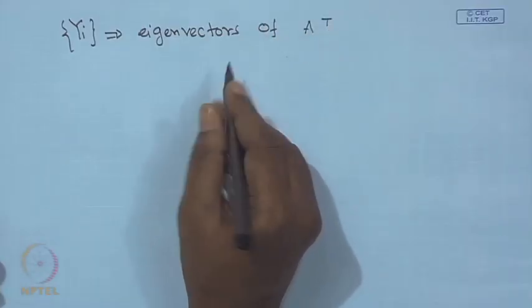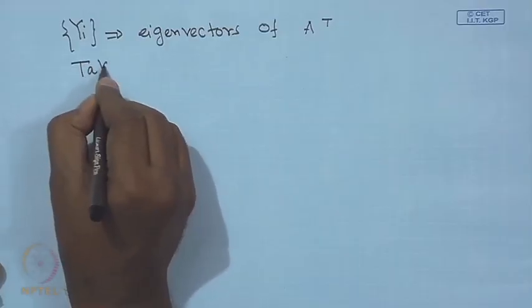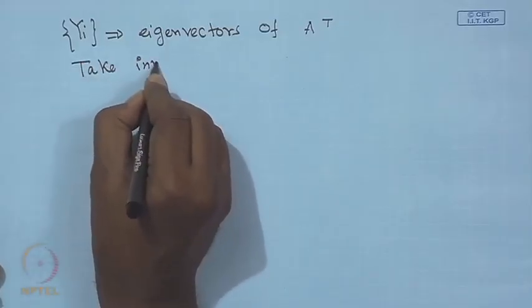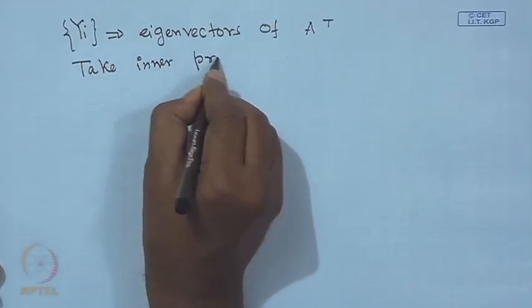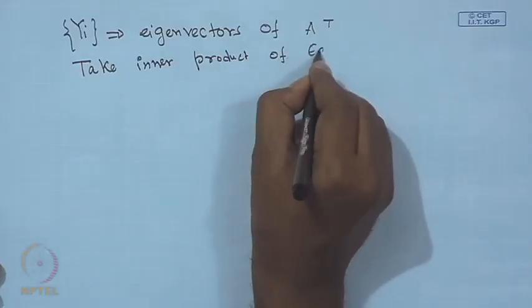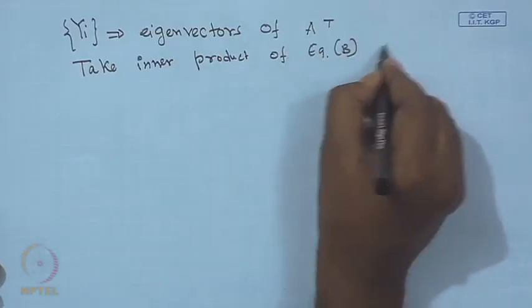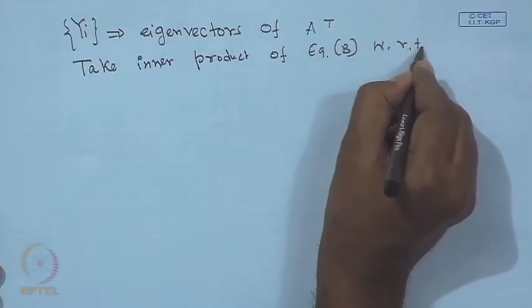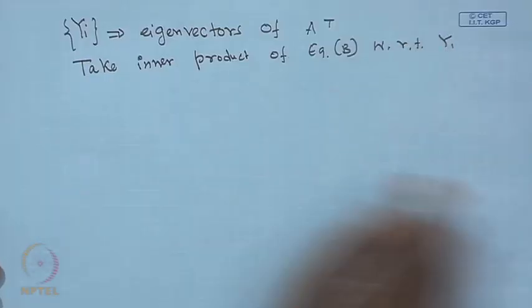Then you take the inner product of equation B with respect to y_1 and let us see what we get.